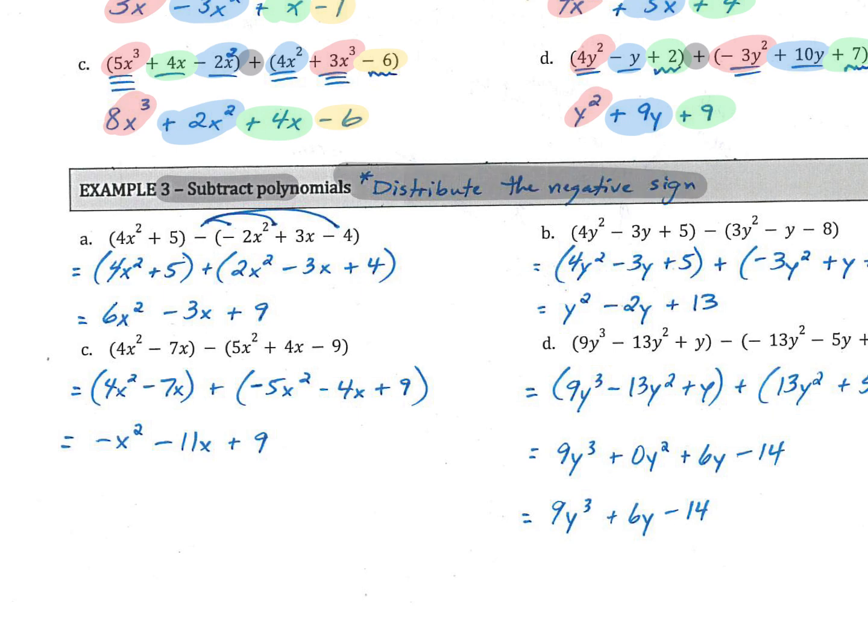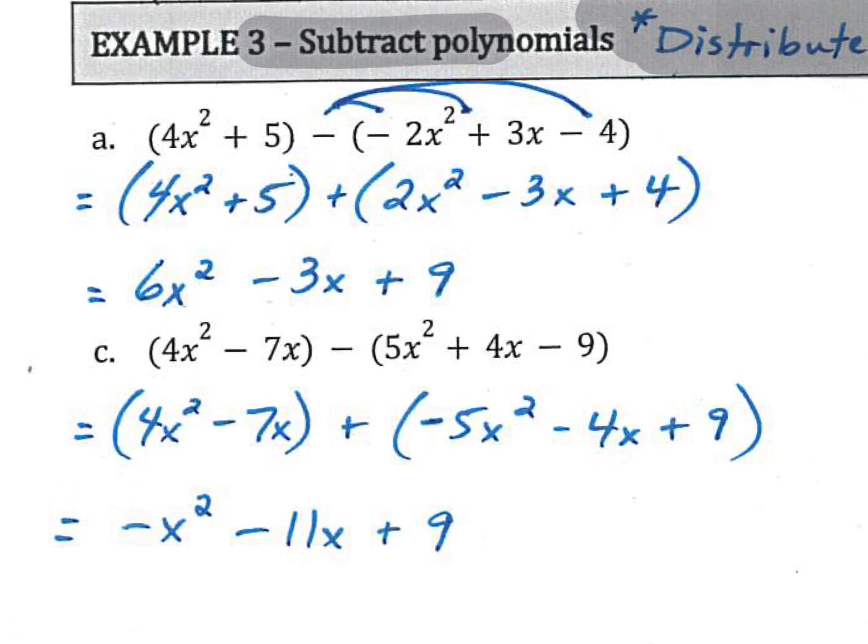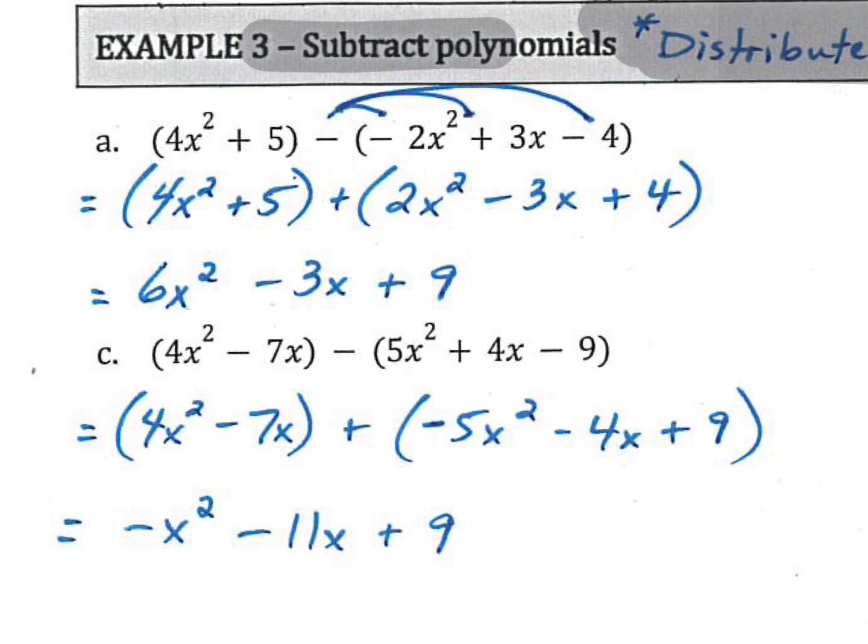So what we can do first is distribute the negative sign. Let's zoom in on example A. On this first example, as you can see, we have these arrows going to each term. We are distributing the negative sign.